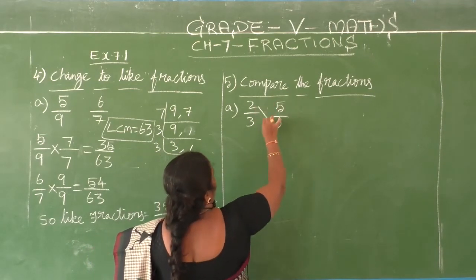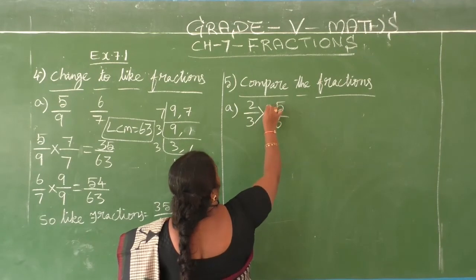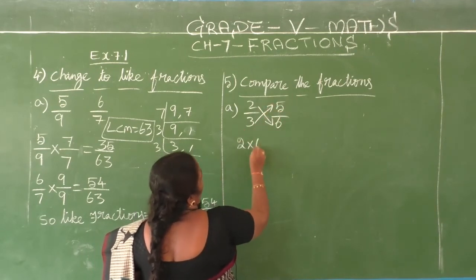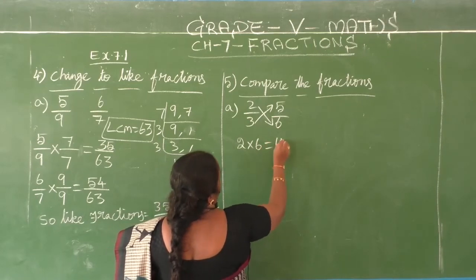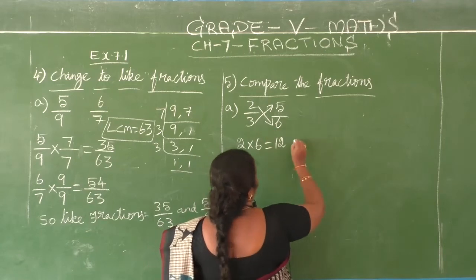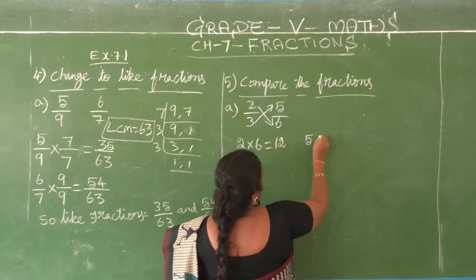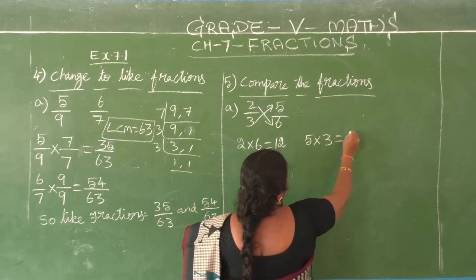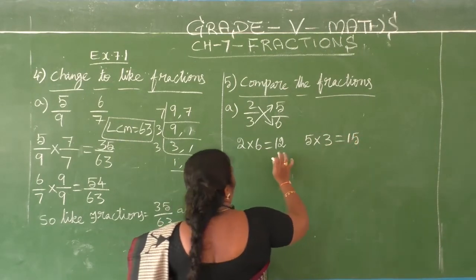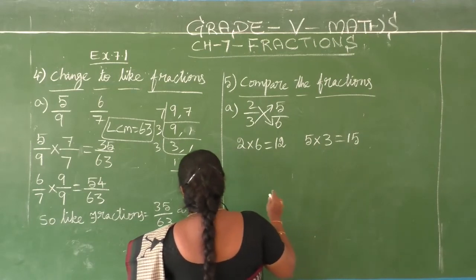See, 2 into 6, 2 sixes are 12. Then this side, 5 threes are 15. Now we have to compare this number and this number.